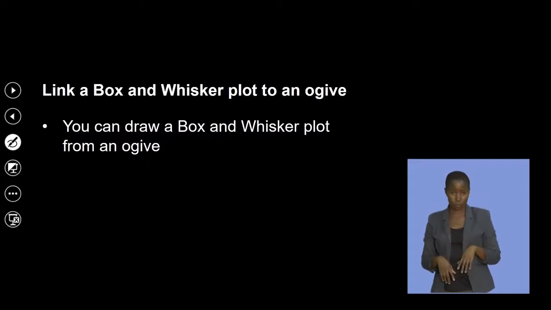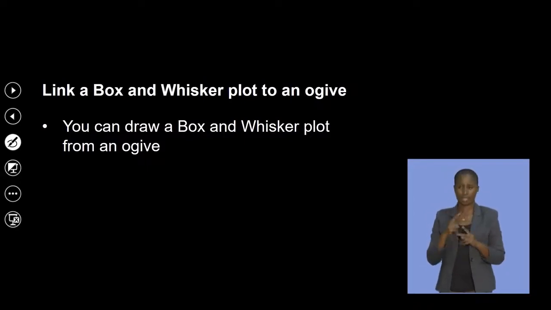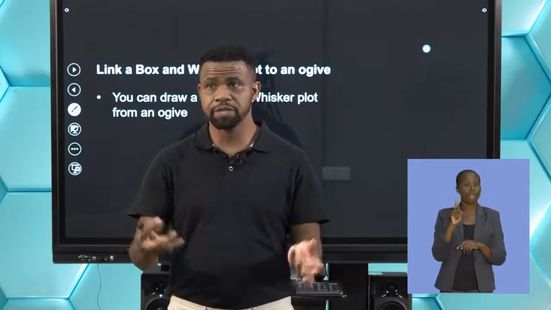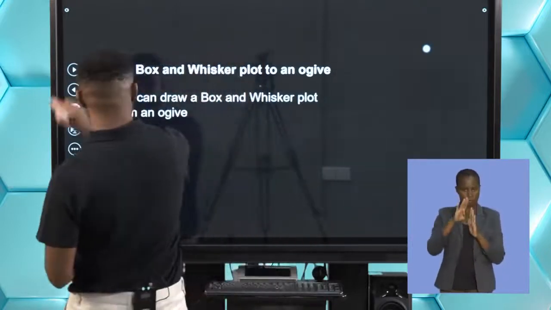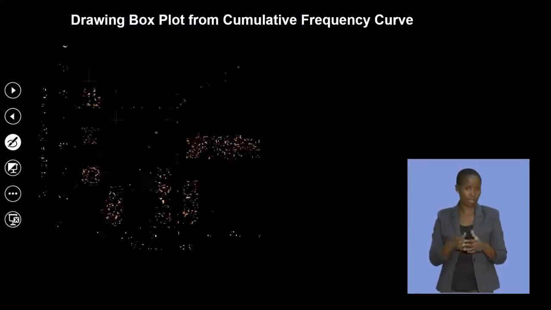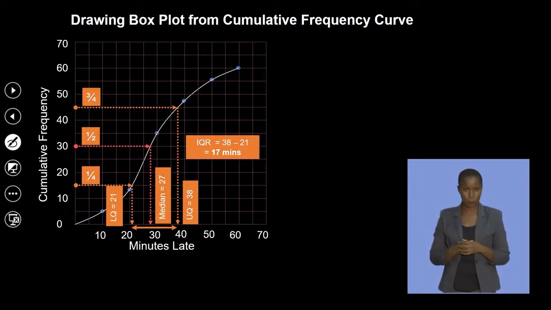You can draw a box and whisker plot from an ogive. An ogive, remember, is the cumulative frequency curve. Okay. How can we do that? Let's see. How do we draw the cumulative frequency curve?